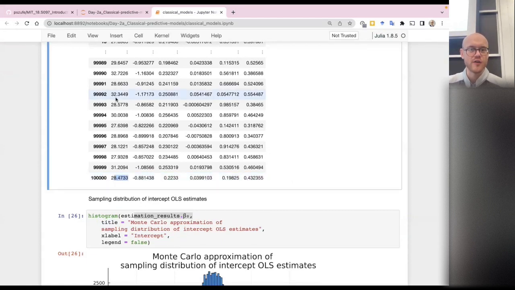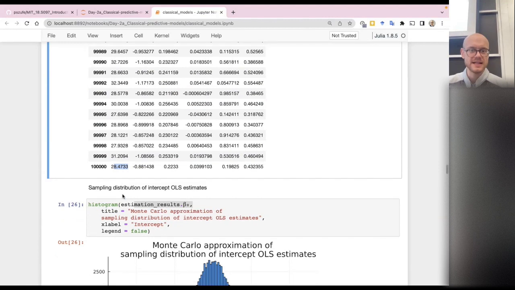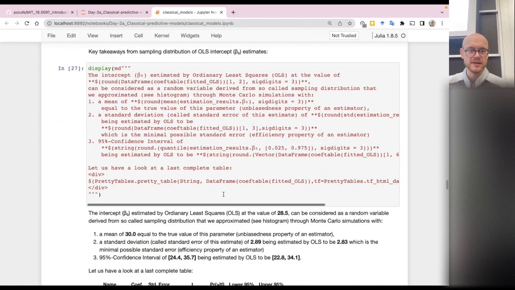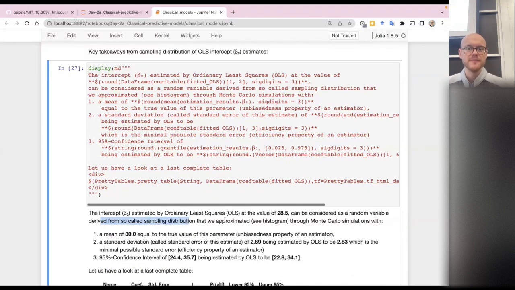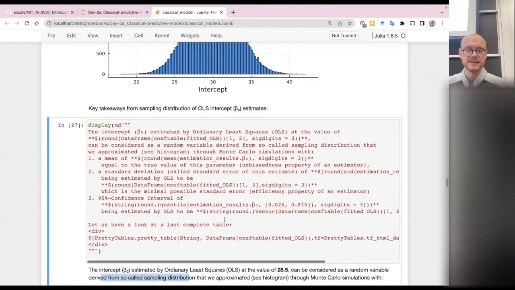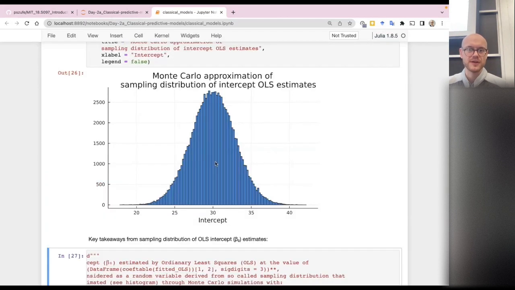You can think of each of those estimates as a random variable drawn from the so-called sampling distribution that we have just approximated using Monte Carlo simulations. So each of the estimates you get is a random variable from this distribution.